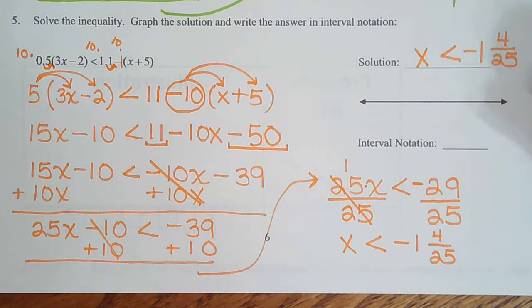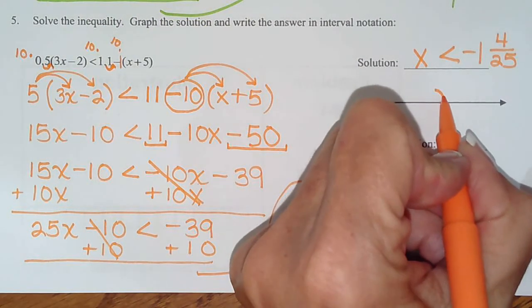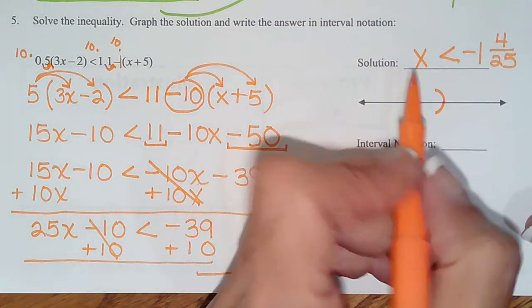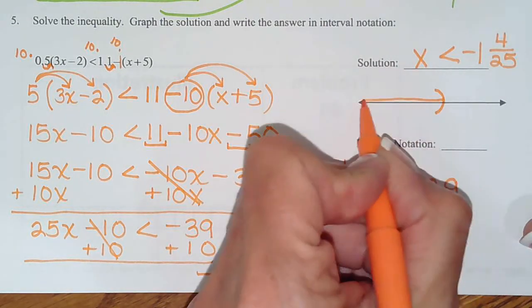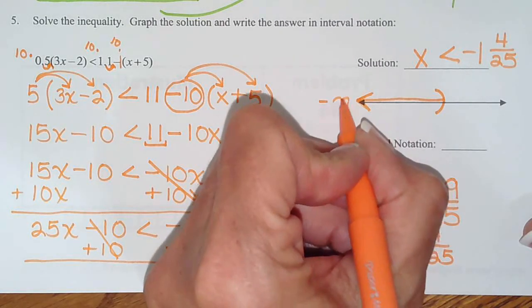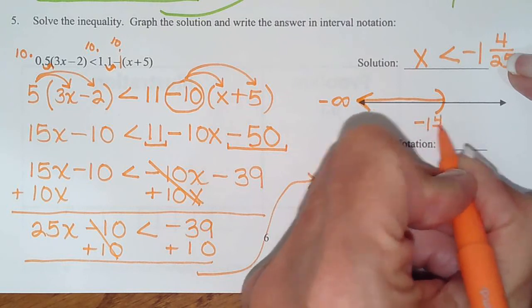Okay, so it is less than, which means shade left. We use a parenthesis because there's no equal sign. The left end of the number line is negative infinity, and this end point is negative 1 and 4/25.